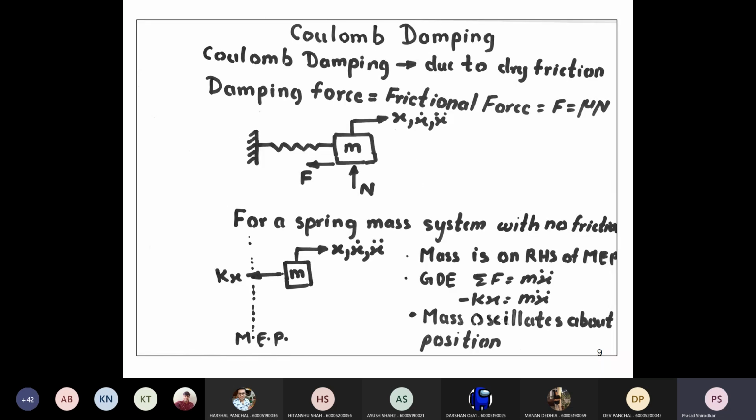for such a mass using D'Alembert principle. So that becomes minus kx is equal to m x double dot. That is the equation, and the mass oscillates about the mean equilibrium position. Now there are some points that we should consider.